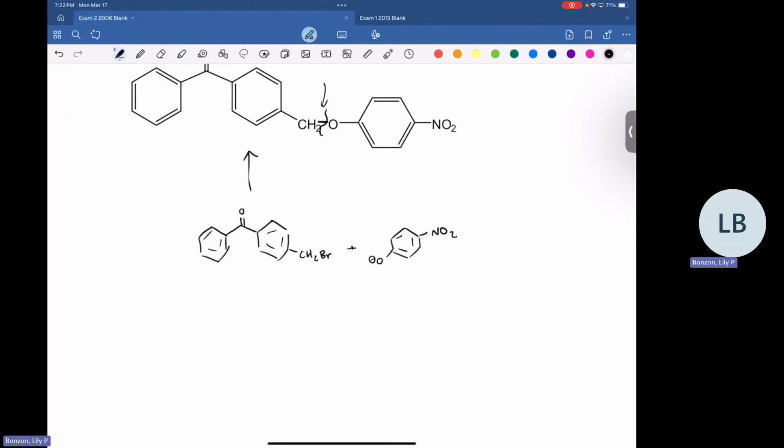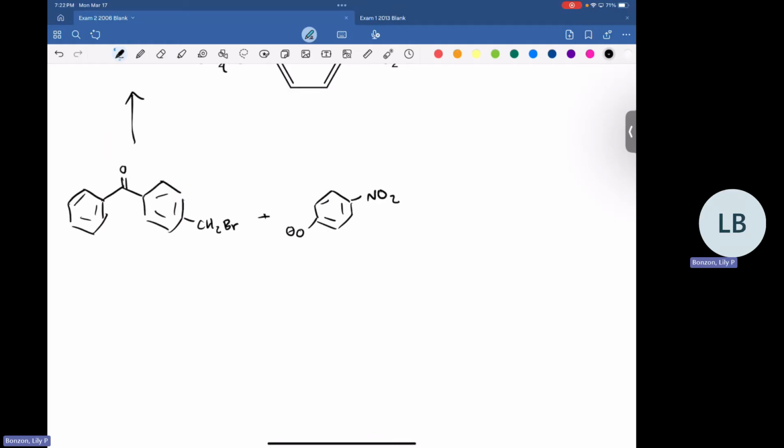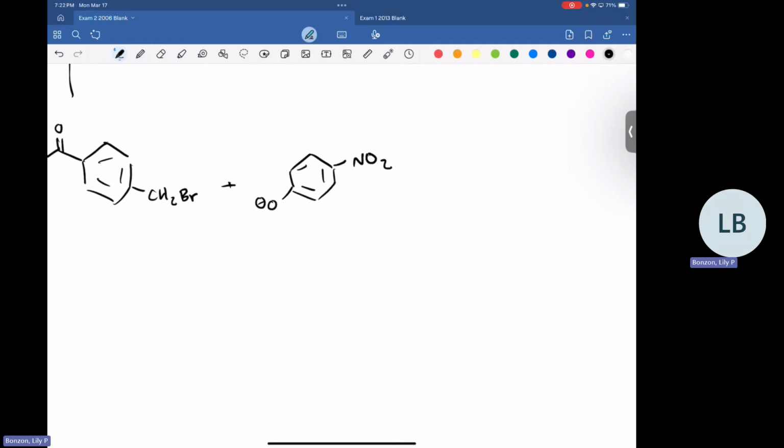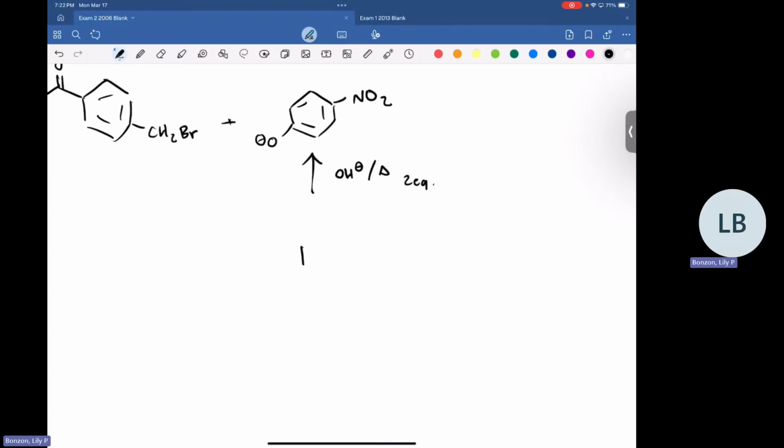All right. So I'm going to start with just the right because I want to show you guys how we can make that O minus. The way that you can make this phenoxide anion, so the O minus on the benzene ring, is you're going to use OH minus, heat, and 2 equivalents. And the previous molecule that you started with is going to be another bromine compound.